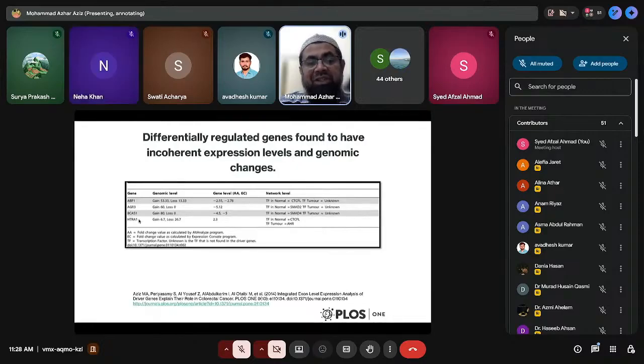But there were three other genes which were showing the same scenario, like BCAS1. It was having 80% gain, which means the DNA was amplified. So usually you would expect that if the DNA is amplified, more DNA means more RNA. But no, here it is downregulated. The more DNA, less RNA. So this is not a linear relationship.